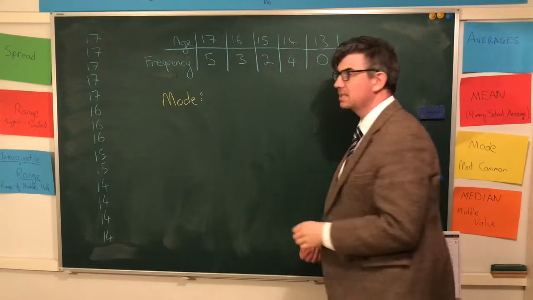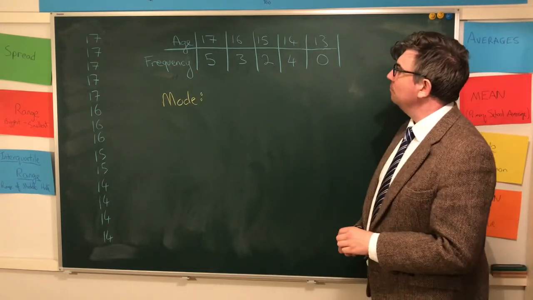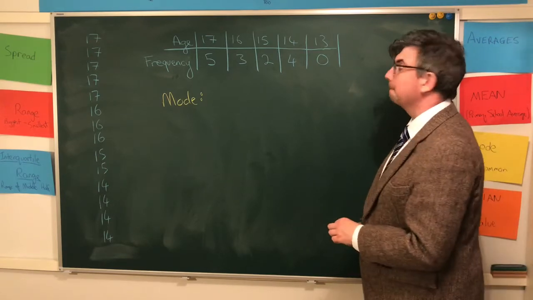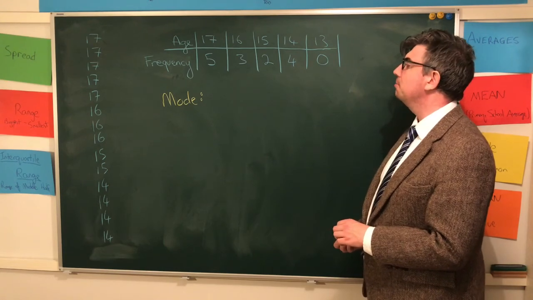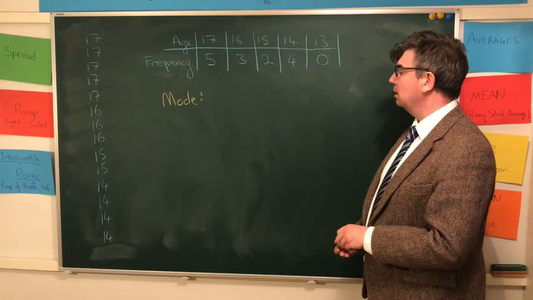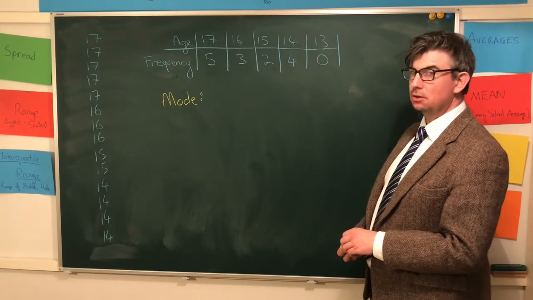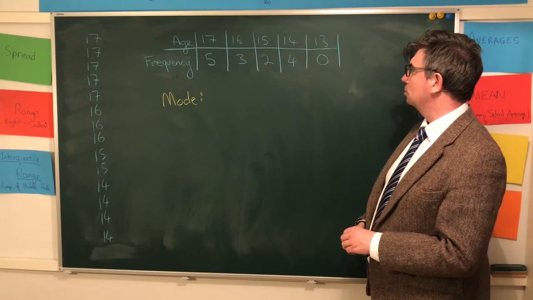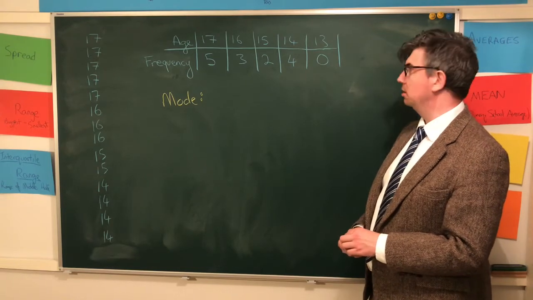Well, that's a technical maths word, mode. So what does mode mean? Mode means the most common. How many times did 13 occur? 13 occurred 0 times, so 13 cannot be the mode.